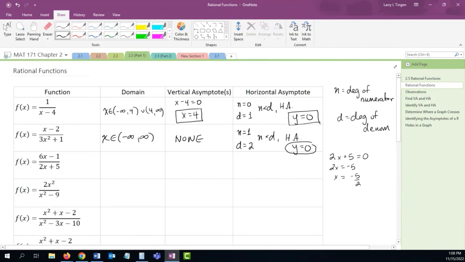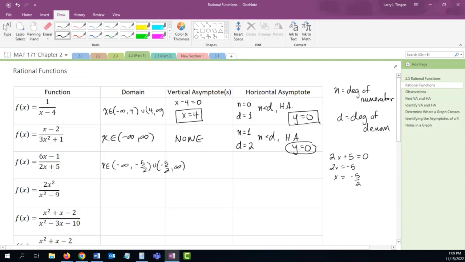If I plug in x equals negative 5 over 2, I'm going to cause division by 0, so that number is not allowed in the domain. Is that the only one I have a problem with? Yep. So how do I skip a number? Negative infinity up to that number, do not include it, union that same number, comma, infinity.